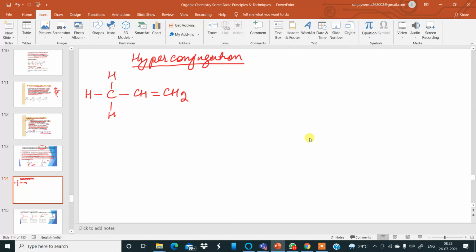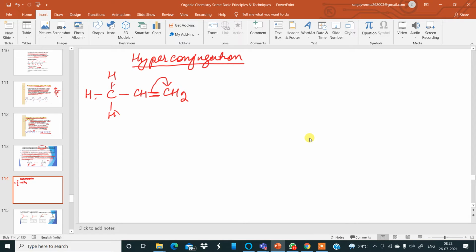Now these pi electrons in this case are moving to this carbon containing more hydrogen atoms. If this happens, then any one of these three hydrogens can be detached.